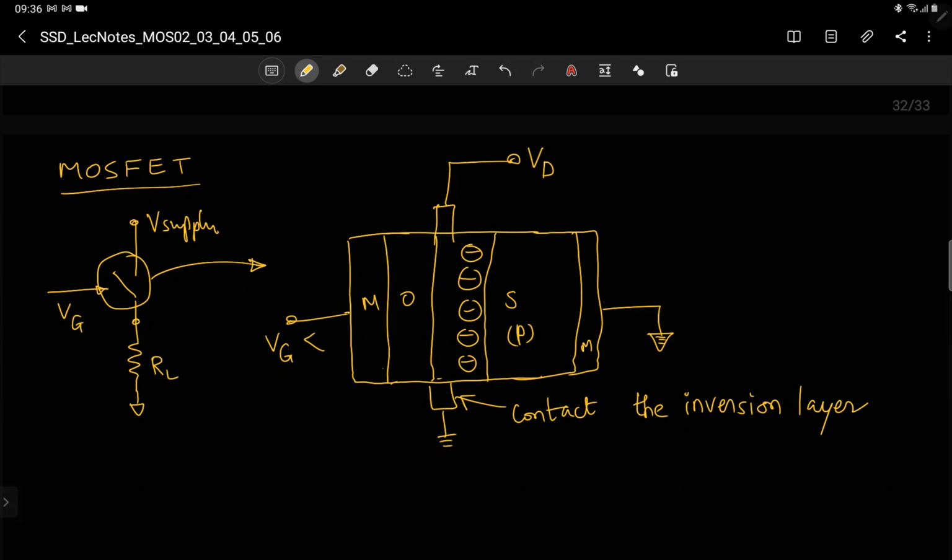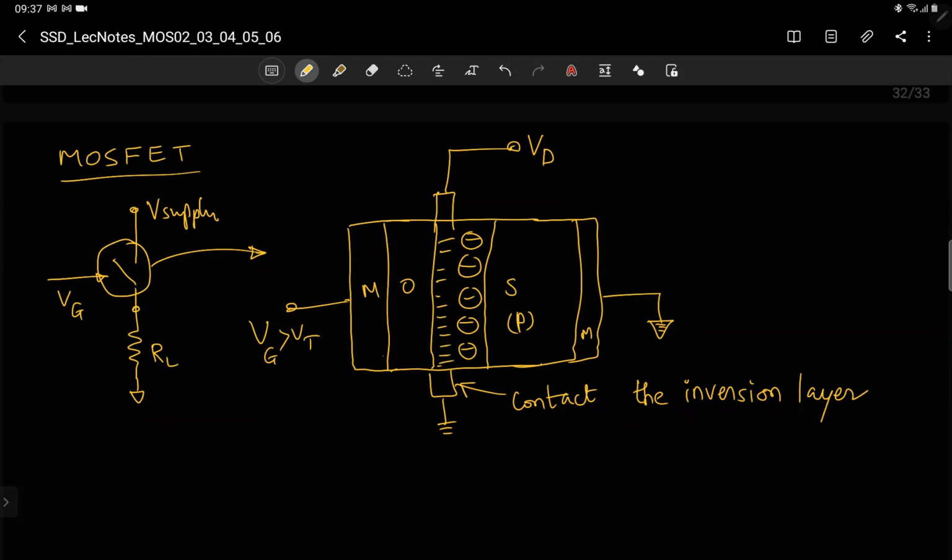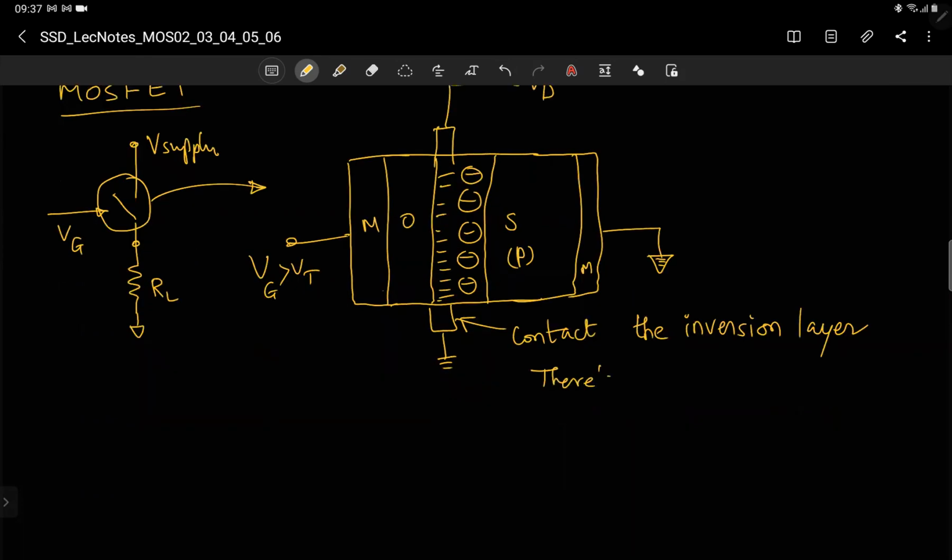So this is how you can make it a switch. For Vg greater than Vt, I will draw: there is this thing and contact to the inversion layer.